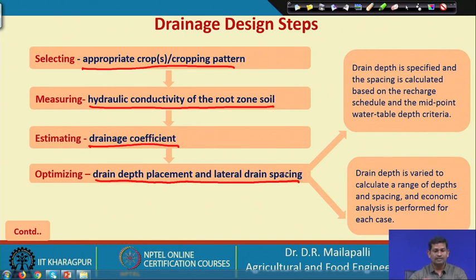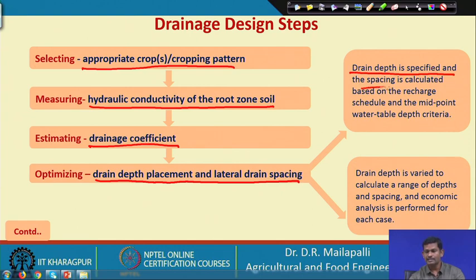Once all these things are done, you need to optimize the drain depth, that is, how deep from the soil surface you are going to install, and also the spacing between the drains.